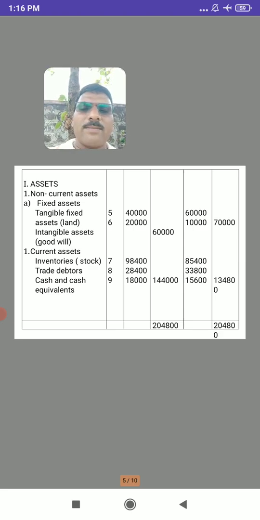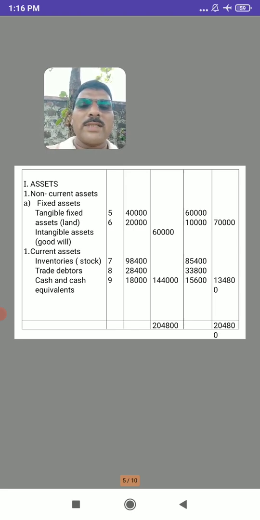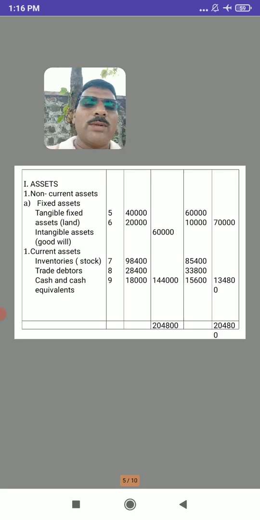Trade debtors is given under note 8, 28,400 for 2016 and 33,800 for 2017. Cash and cash equivalents under note 9, 18,000 for 2016 and 15,600 for 2017.